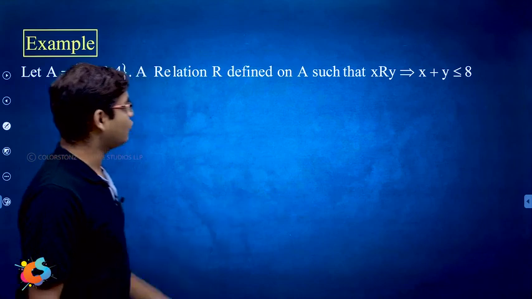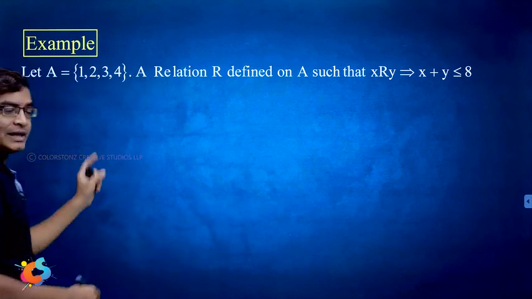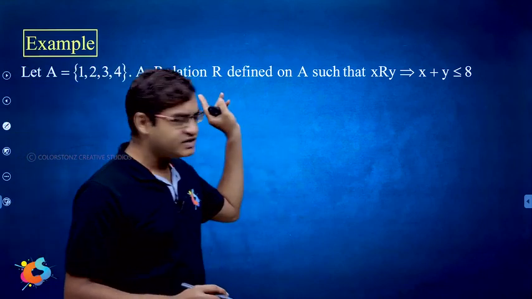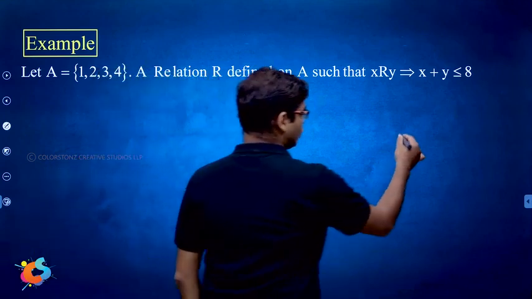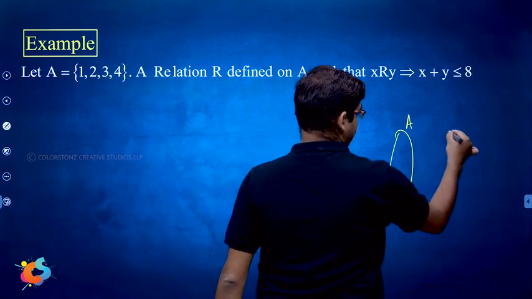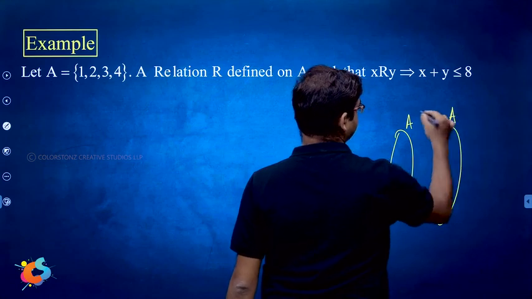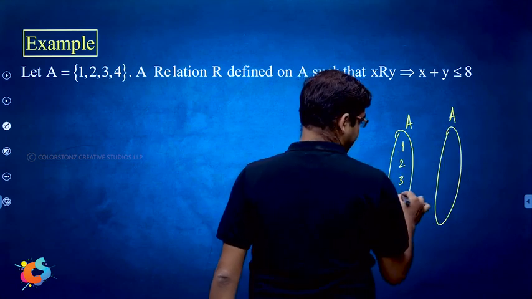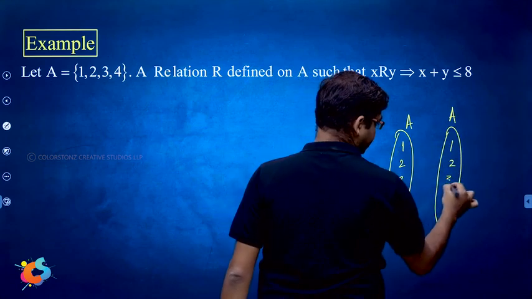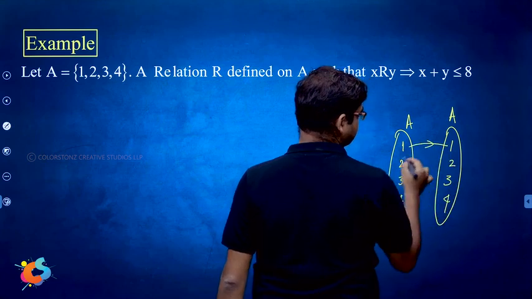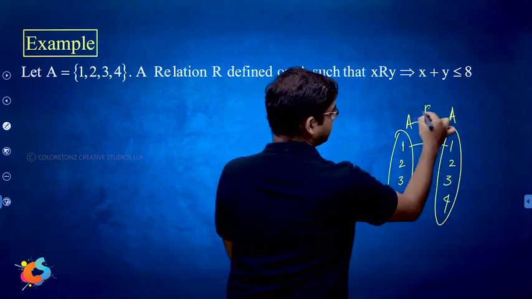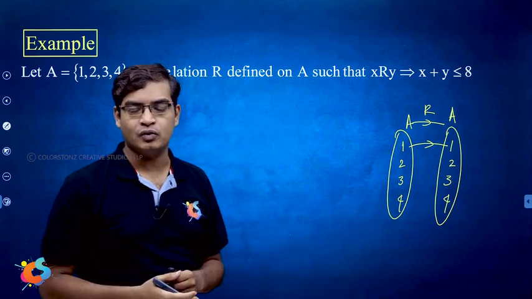So here x plus y should be less than or equal to 8. Same mapping diagram, same set, right? So A to A, and just the condition is different, that's all. So 1, 2, 3 and 4, and 1, 2, 3 and 4. Mapping is done under the relation R if x plus y is less than or equal to 8.